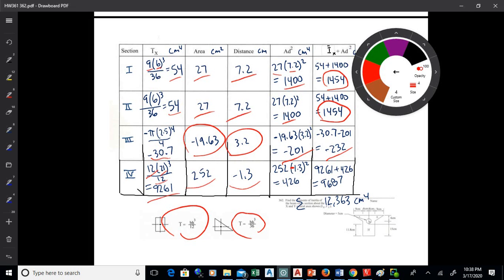So that'll be a positive when you square the negative 1.3. Multiply that by the 252, you get 426. 426 and 9261, add them together, you get 9687. Add everything up, and you get a total of 12,363 centimeters to the 4. So that's the moment of inertia of that shape about the x-axis.